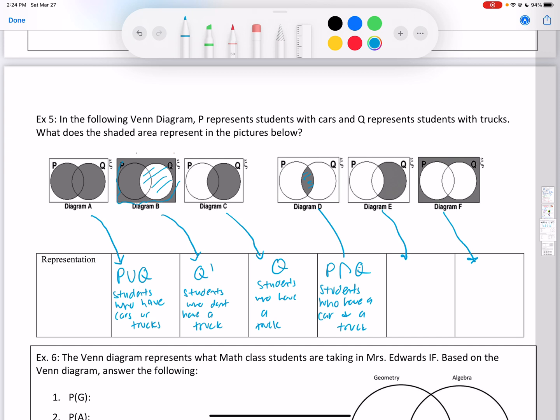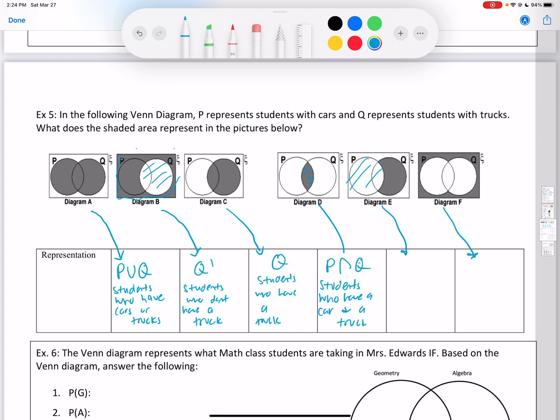Here, I have everything. I don't want P, and I don't want the outside. So I'm going to say not P and Q. So not P and Q. Okay?